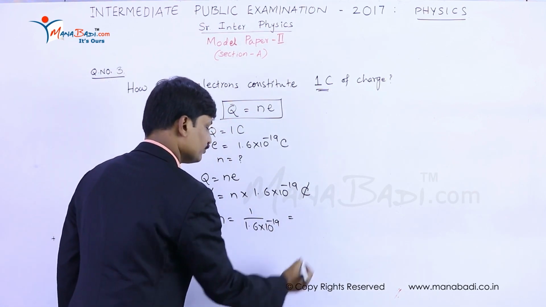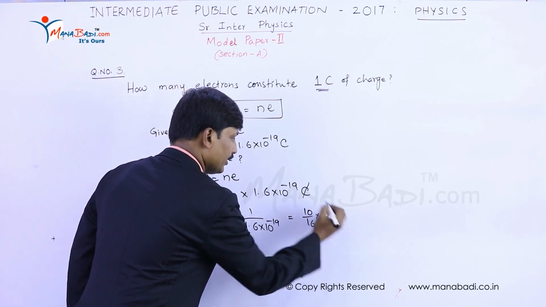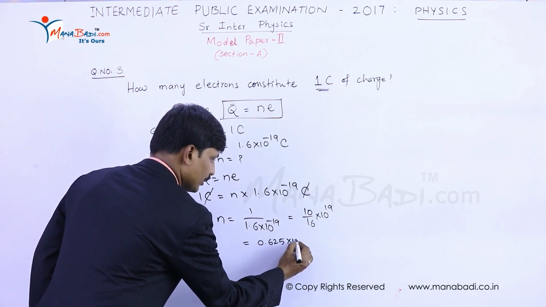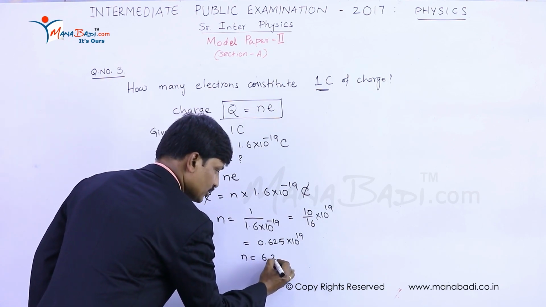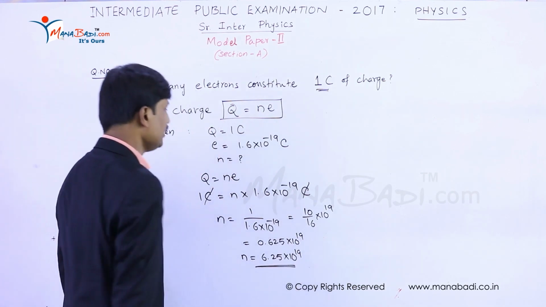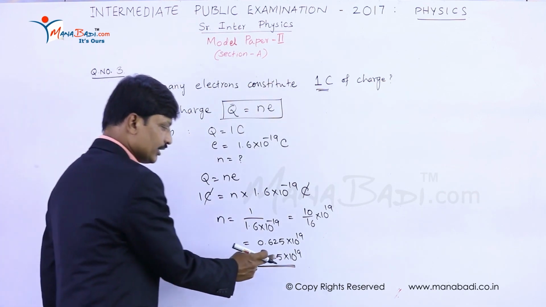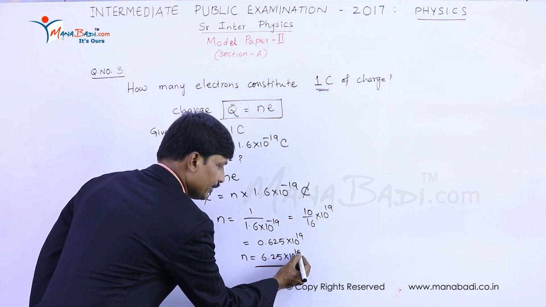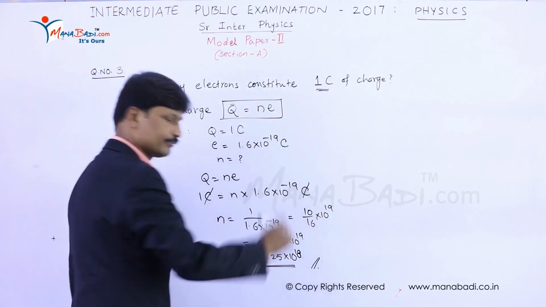This equals 10 by 16 into 10 power 19, or its value is 0.625 into 10 power 19. This is also written as 6.25 into 10 power 18. That means 1 coulomb of charge contains 6.25 into 10 power 18 electrons.